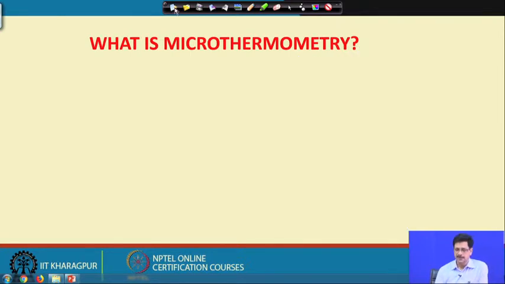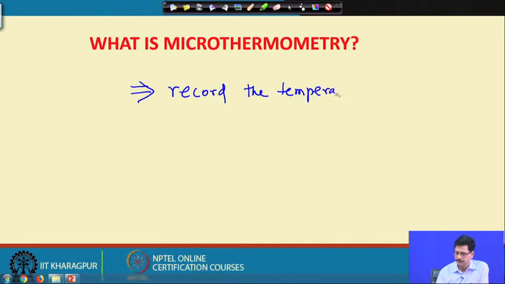Microthermometry essentially means the process in which we experiment on these fluid inclusions and record the behavior, or record the temperatures at which we observe phase changes.